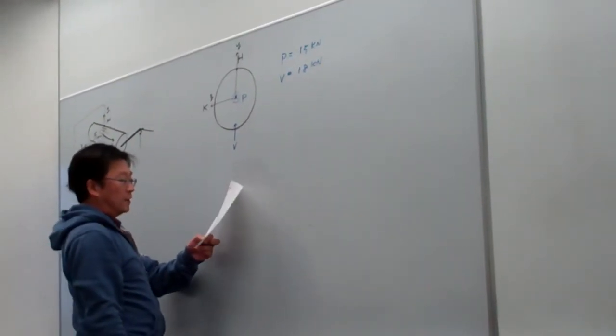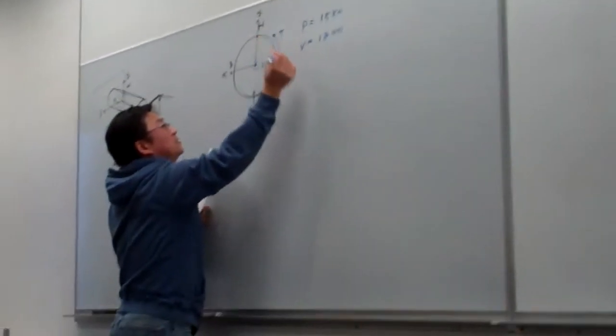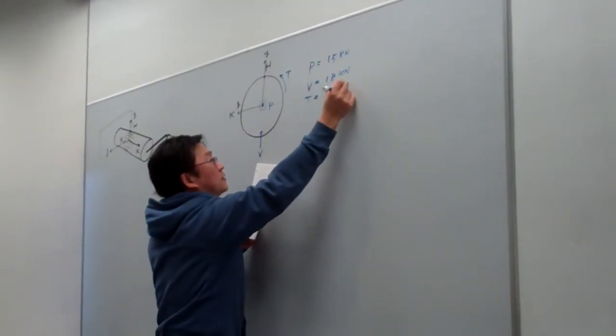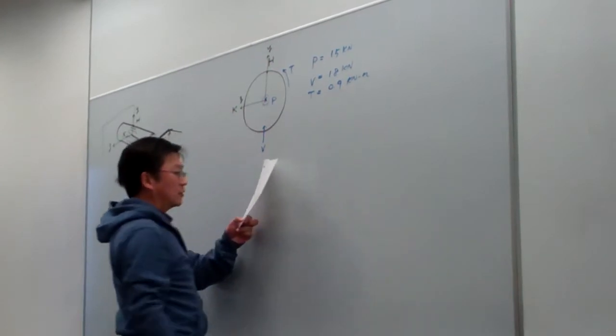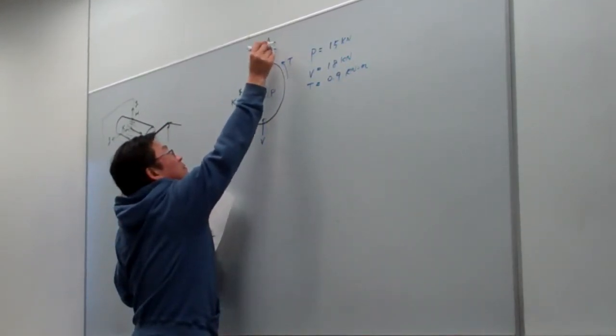And we have torsion, T, and T we calculated is 0.9 kilonewton meters. And then we have bending about the y-axis, My.